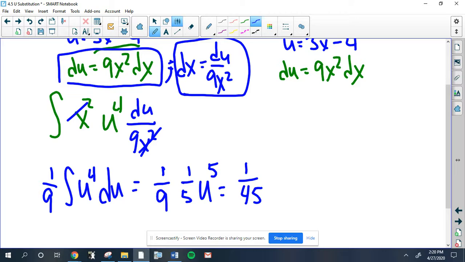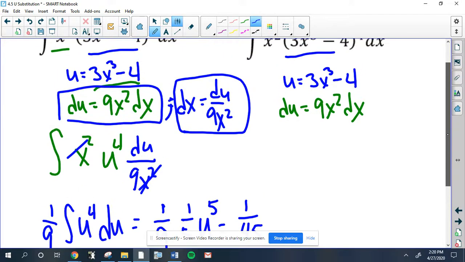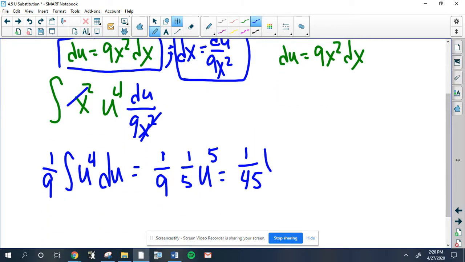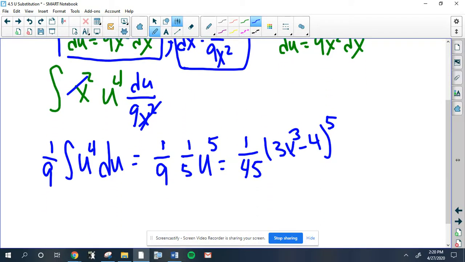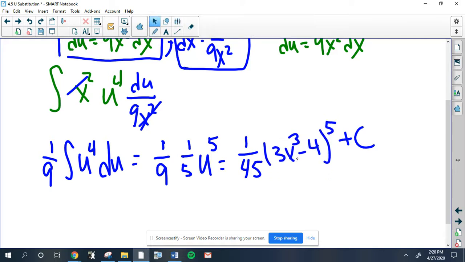And when we substitute u back in, it's 1/45 times 3x cubed minus 4 to the fifth plus c. And that's your answer. So that's pretty similar to what we were doing. The biggest difference was we had this x squared left over right here that turned out canceling out.